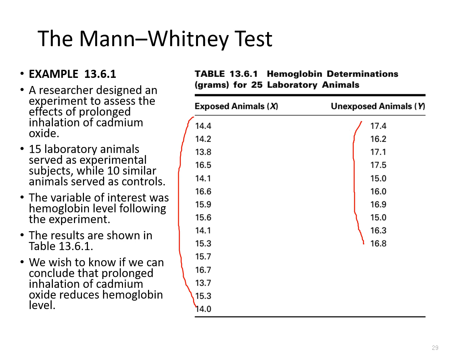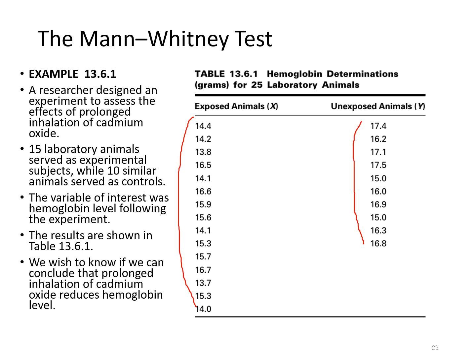What we're trying to find out is whether, when exposed to cadmium oxide, this toxic material, there is any difference between exposed and unexposed. That's the purpose of conducting this study.